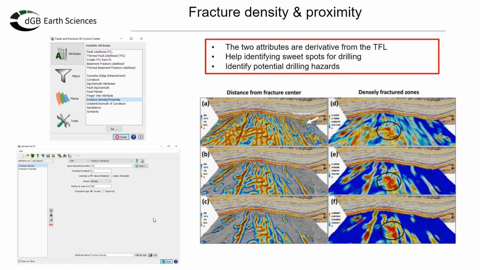The fracture proximity, on the other hand, tells you in distance how far a certain fracture is from another point, for example, from your well location. So again, it helps identify potential drilling hazards.